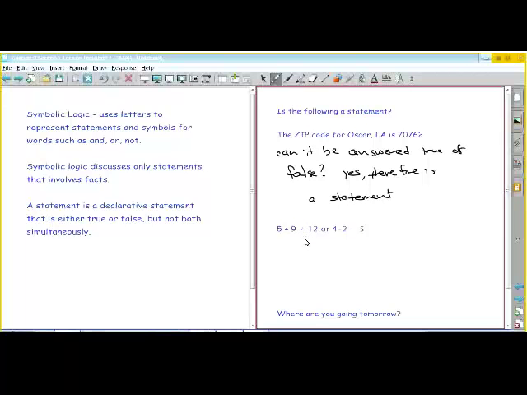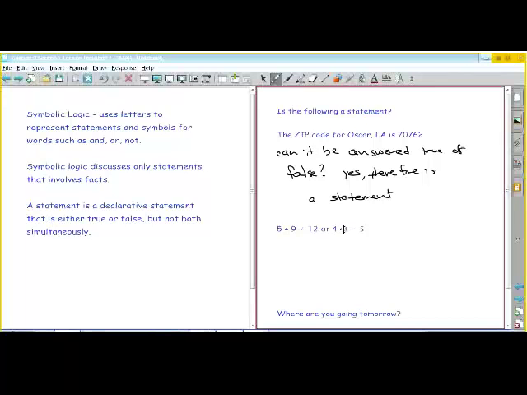For example, the next one actually consists of two statements with an or in between, but we'll treat it as a single one. 5 plus 9 is 14, which is not equal to 12. So this is a fact. In this case, it's a true fact. The second one, 4 minus 2 is equal to 5. Well, 2 is not equal to 5.